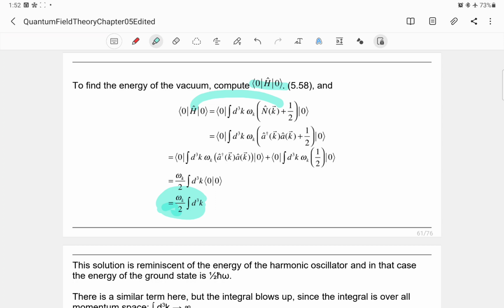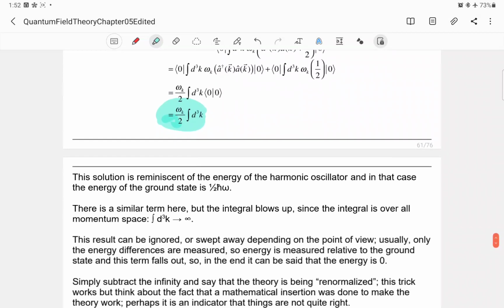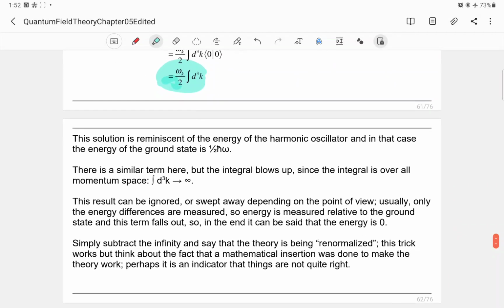So the solution is reminiscent of the energy of the harmonic oscillator, and in that case the energy of the ground state is 1/2 h bar omega. But look at the integral over momentum space. The momentum space could go to infinity.